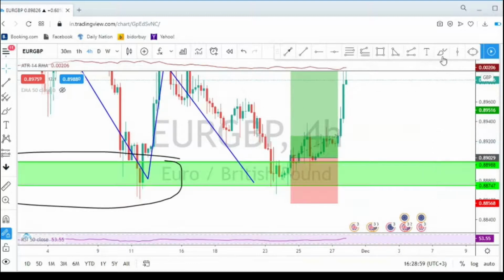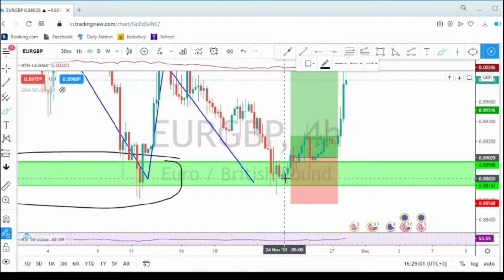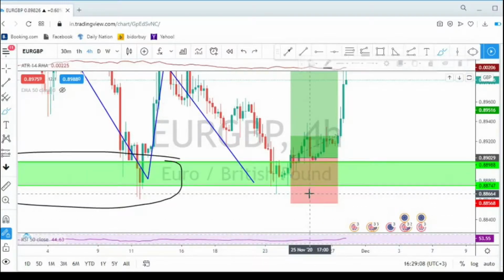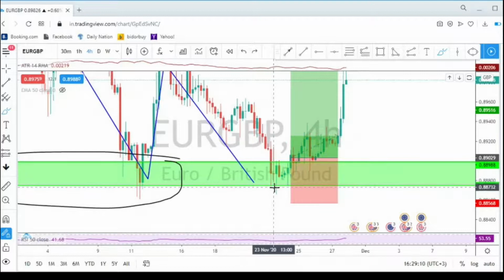We've seen this market, see these wicks here, these wicks indicate that this price is being rejected at this level.